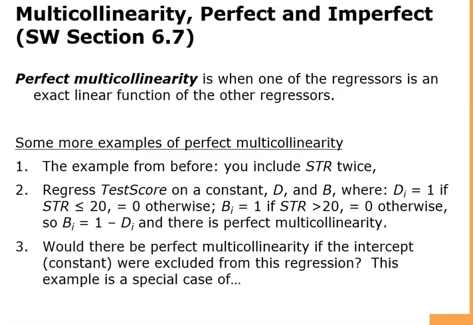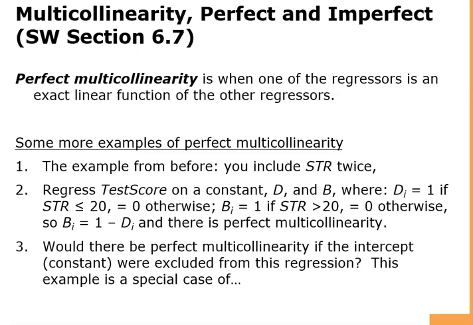Perfect multicollinearity will also be evident in a lot of other cases. For example, if we regress test score on a constant, d and b, where d is equal to 1 if student-teacher ratio is less than 20, and b is equal to 1 if student-teacher ratio is greater than 20.